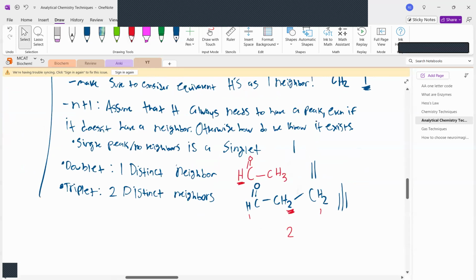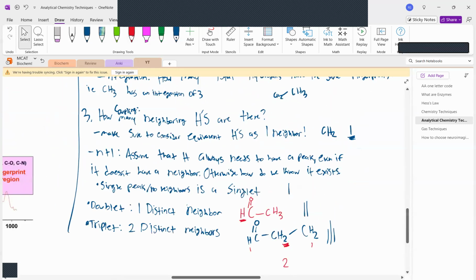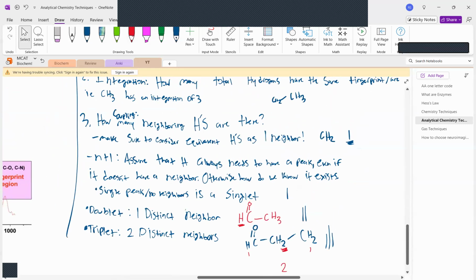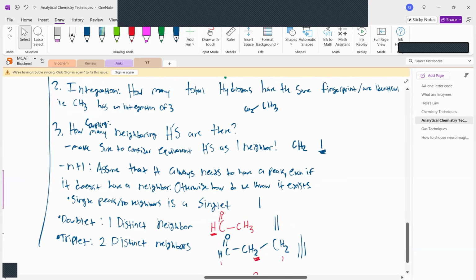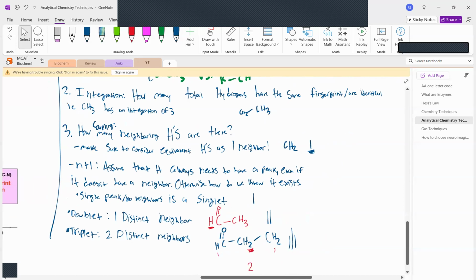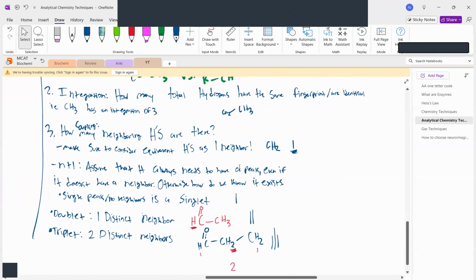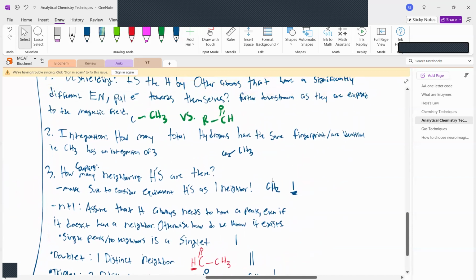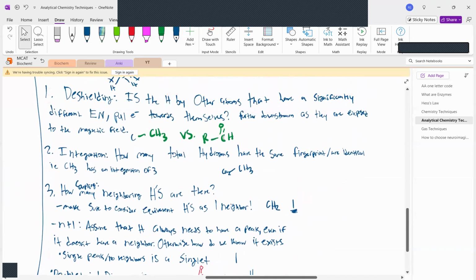Hopefully that made sense. NMR can be a little tricky, but these are the basic things that you need to know. If you have a really good foundation of the basics, then everything else should fall easily. A lot of the time when you're looking at an NMR graph, you can distinguish where something should be. If you're looking at this aldehyde, obviously that's going to be a lot further down than this methyl group.